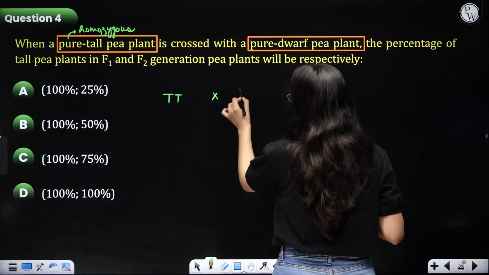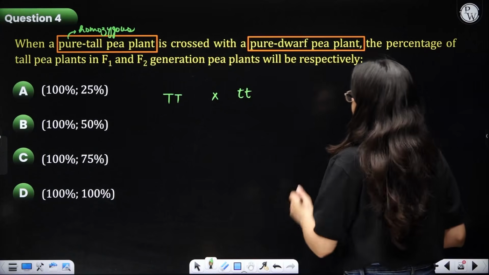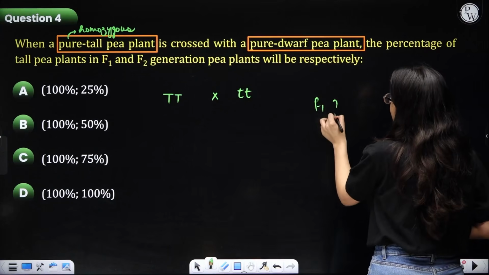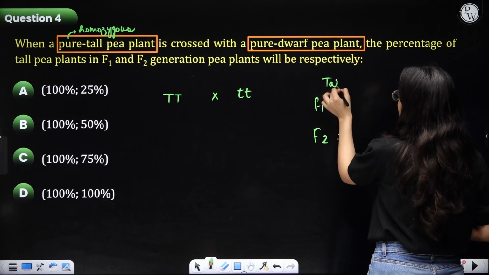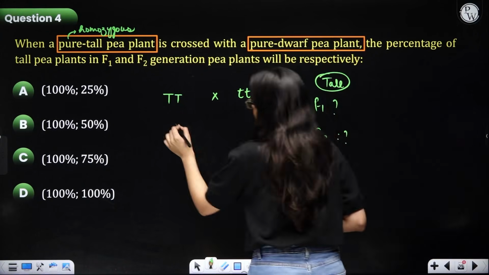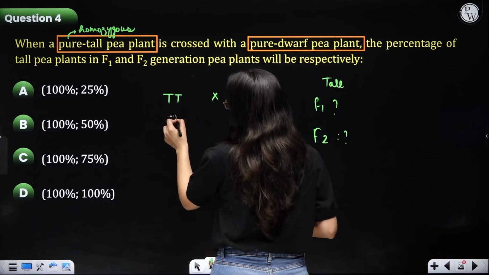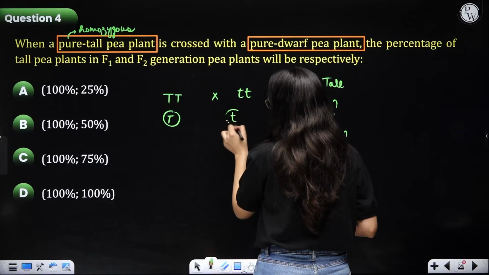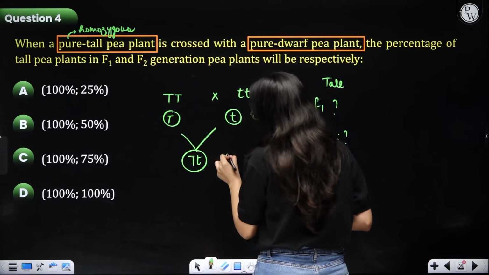So when both of them were crossed, what is the question saying? The percentage of tall plants in the F1 generation and in the F2 generation, what will they be? They are asking about tall. So let us try to make the cross of F1, F2, both of them, although we just studied it, but let us see. The alleles will be this in case of F1 generation. So we get capital T, small t, and all will be tall.